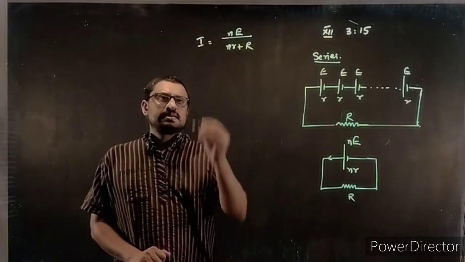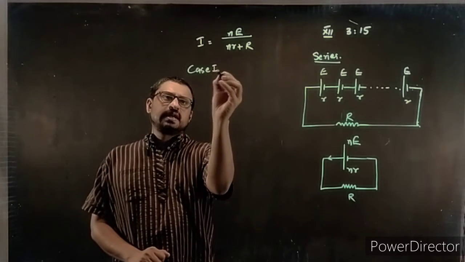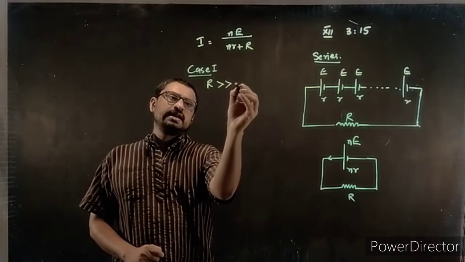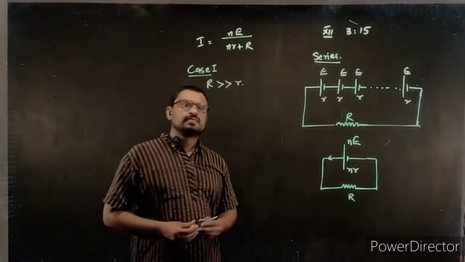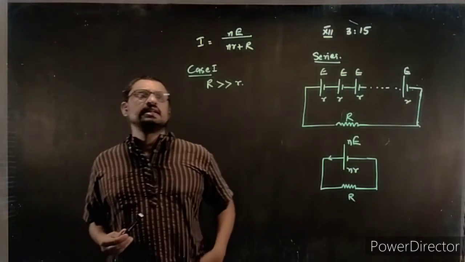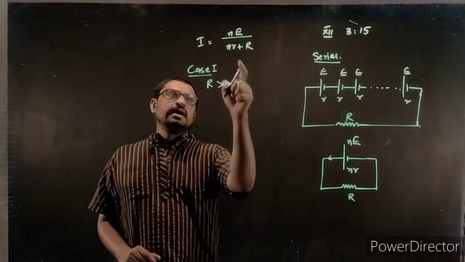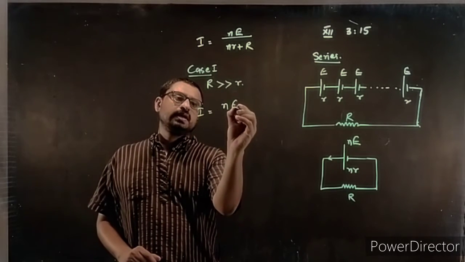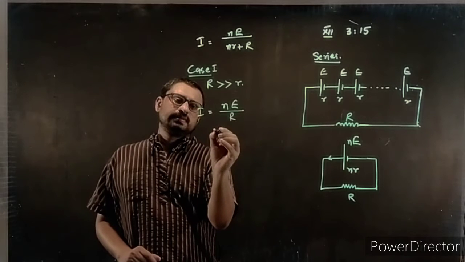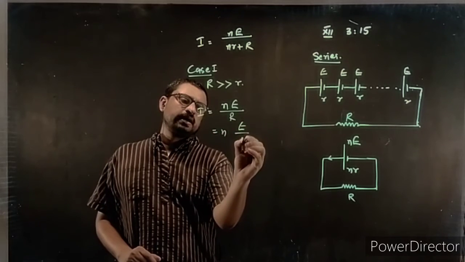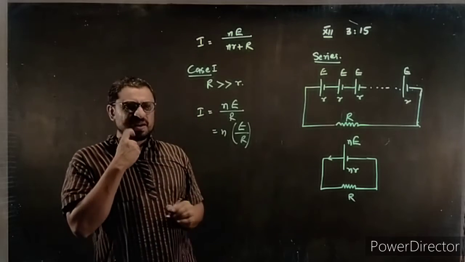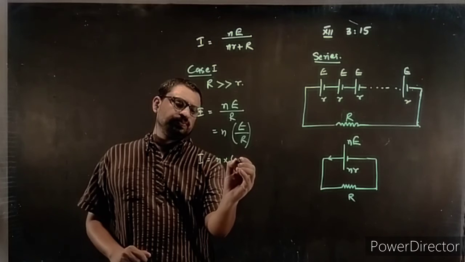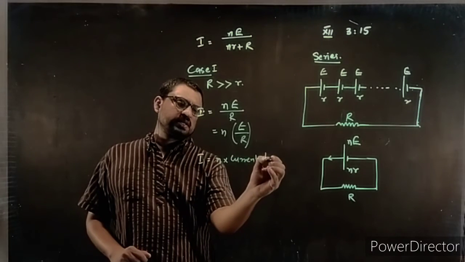There can be different cases. Case 1 is when the external resistance is much greater than the internal resistance. Then you can neglect the internal resistance term, so the current I becomes nE by R. That is n into E by R. E by R is the current due to one cell, so the current is n times the current due to one cell.